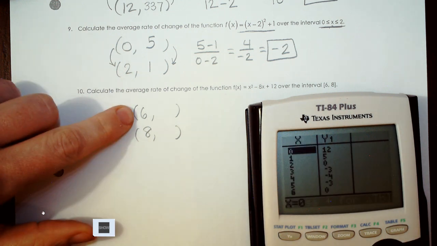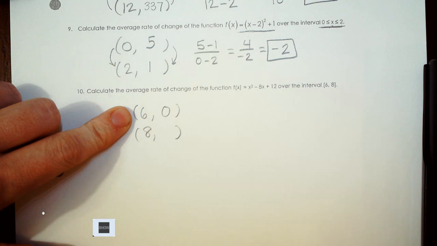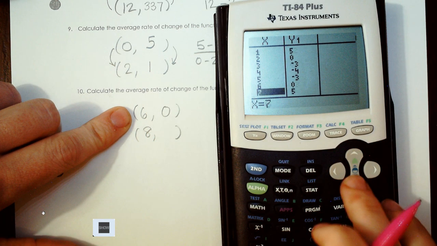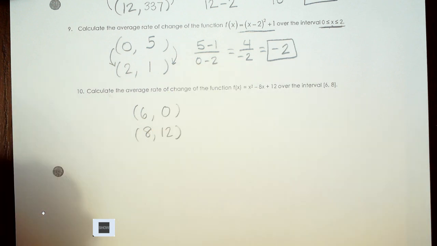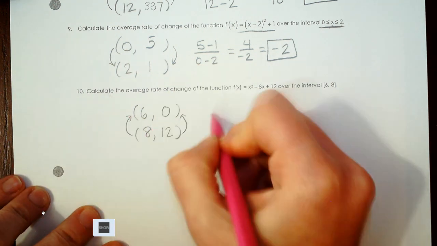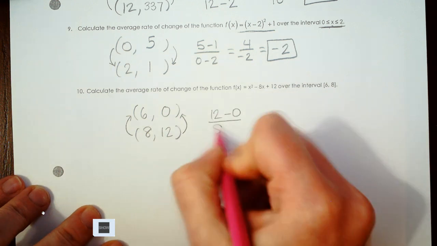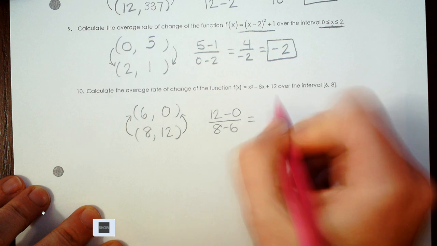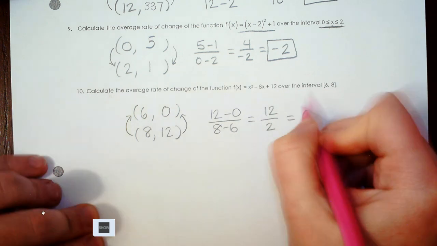So when x is 6, y is 0. When x is 8, y is 12. All right, let's do it this way. Bottom to top. Doesn't matter either way. 12 minus 0 and 8 minus 6 gives us 12 over 2 or 6.